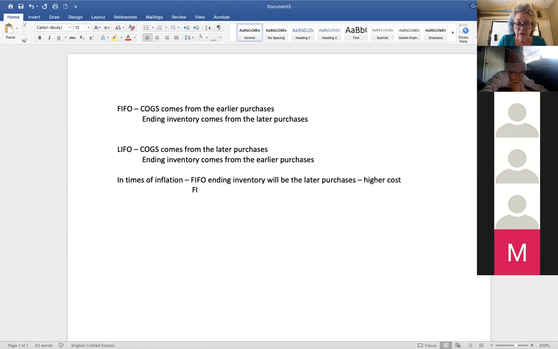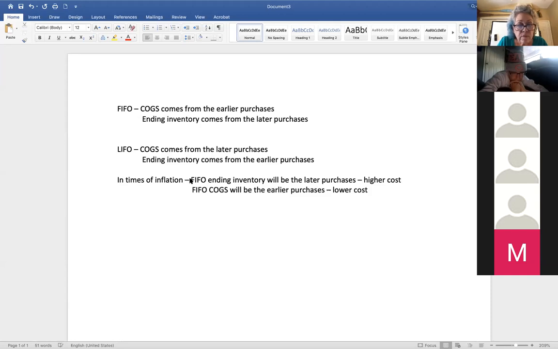And FIFO cost of goods sold will be the earlier purchases, meaning lower cost. Okay.